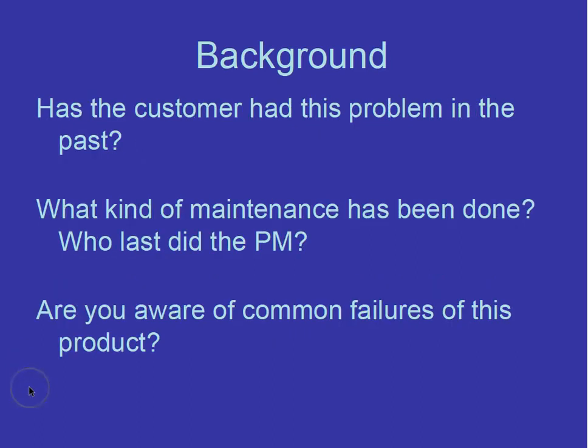And moving further, has the customer had this problem in the past? That will tell you whether it is a frequent problem or an intermittent problem. So asking these questions is really good. What kind of maintenance has been done? Who last did the maintenance?